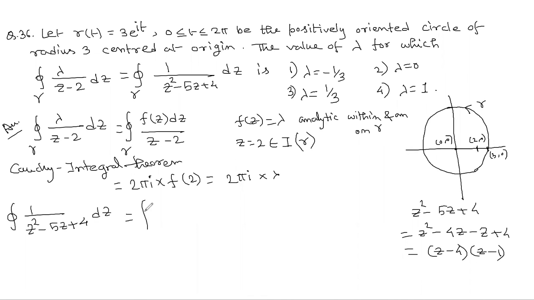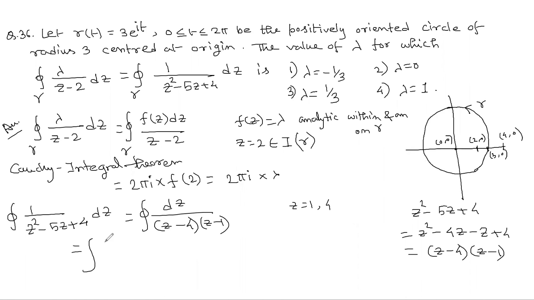So that is equal to dz by (z minus 4)(z minus 1). Now here the possible singularities are z equal to 1 and 4. But the point 4 is outside the region, which is over here, 4, 0.